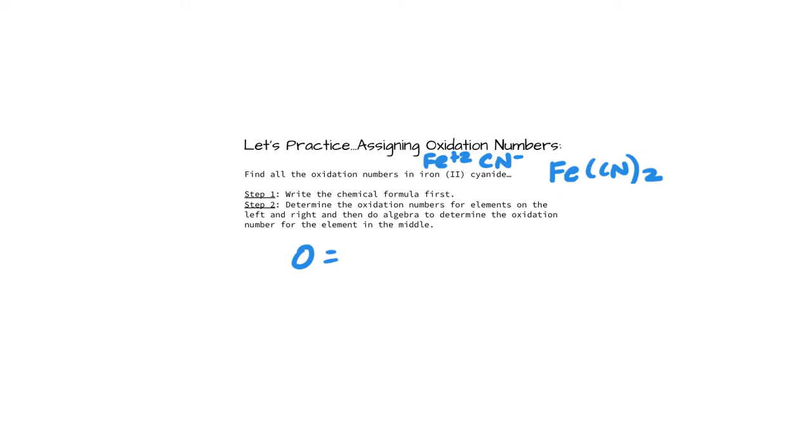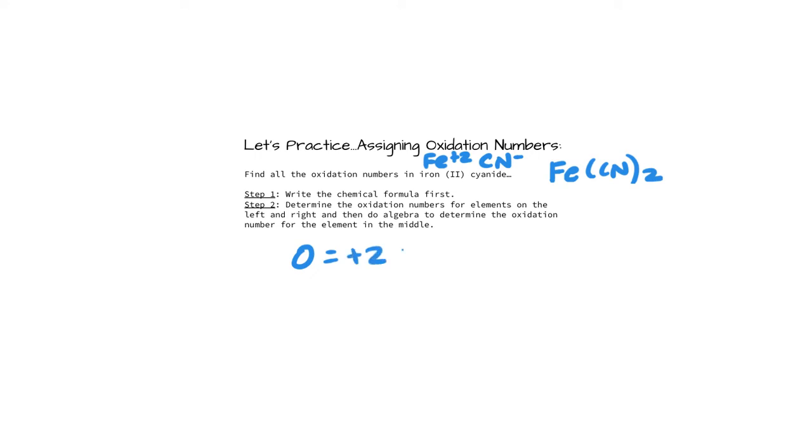And I also know that the Fe was a +2 here, so then I can figure out what's going on inside the cyanide.